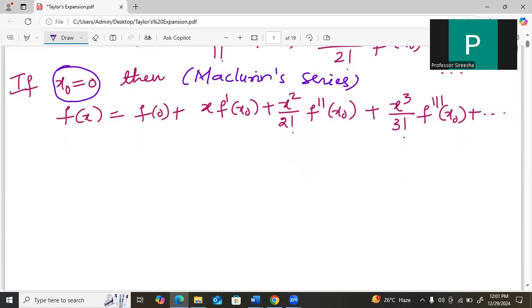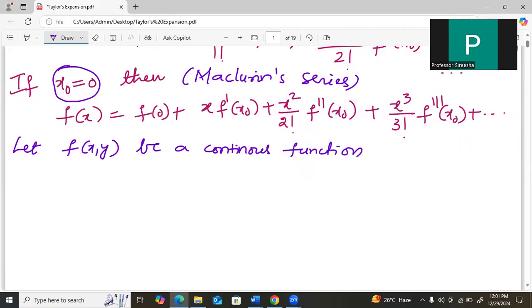That means, let f of x comma y be a continuous function with partial derivatives of f.